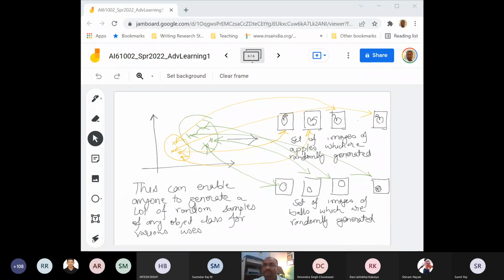What more? See, have you heard this term called CGI, computer generated imagery? Yes, sir. Do you know what computer generated imagery is?